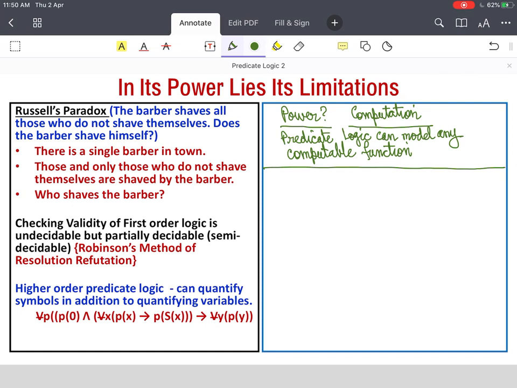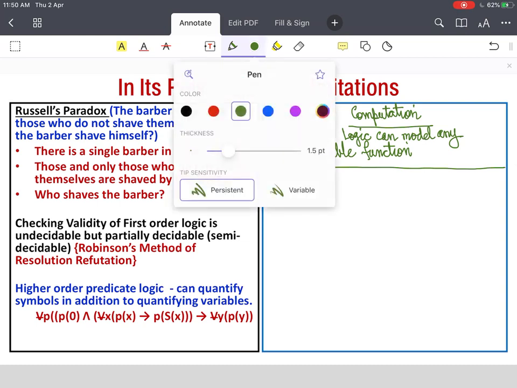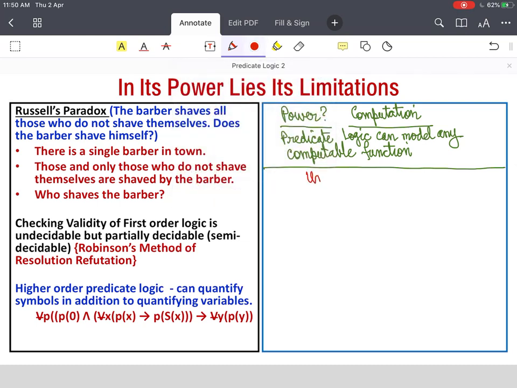But we also know that computable functions and computability has got another very important aspect, which is called undecidability. And there are several problems which we know to be undecidable, and I hope that any course in language and any course in formal automata and any course in computability theory will talk to you about some famous problems, of which one of them is the halting problem of a Turing machine.